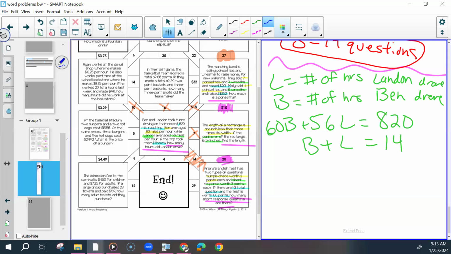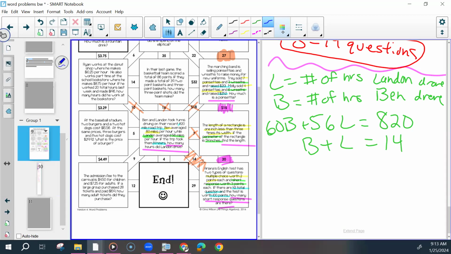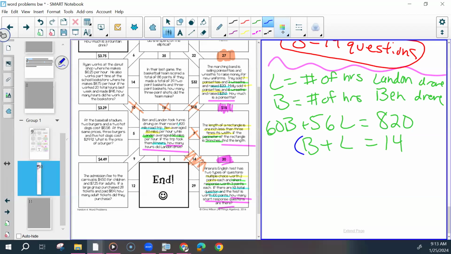Right, do we want to solve this by substitution or elimination? Elimination. If we are solving by elimination, we need to get rid of B. To make these the same, we have to multiply this by 60. Sometimes elimination seems like the easier one, but then you have big numbers like this and you have to be careful as you're multiplying.